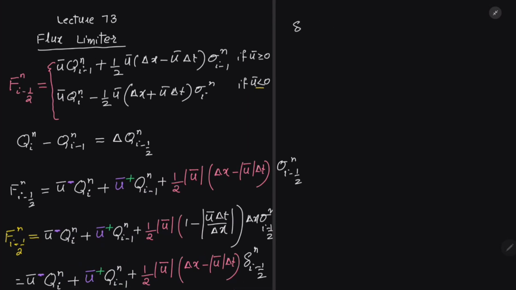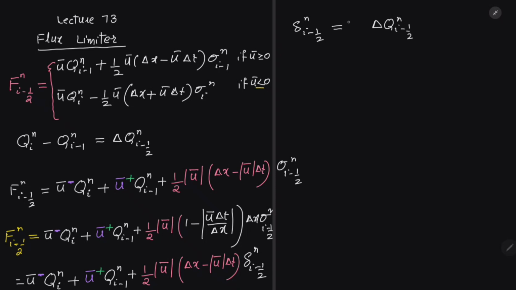Now we are moving towards the flux limiters. Delta_{i-1/2} equal to delta Q_{i-1/2}: when it is exactly equal to this value, then we have a particular numerical method. For example, we can get the Lax-Wendroff method. So while choosing delta_{i-1/2}, we get different numerical methods.